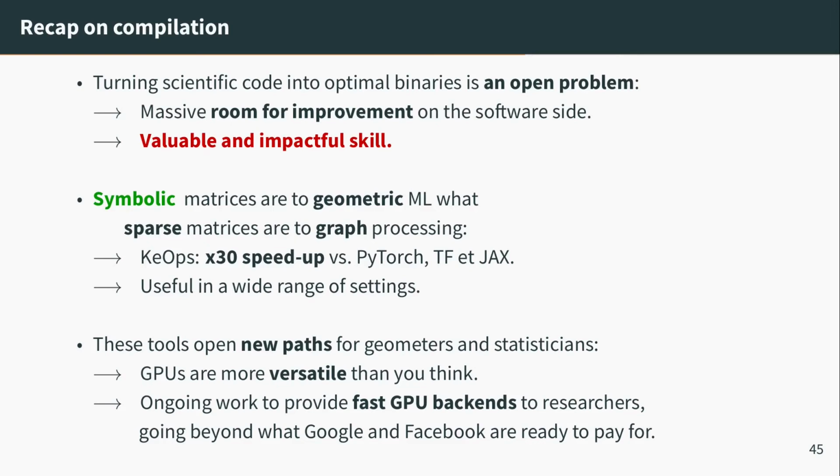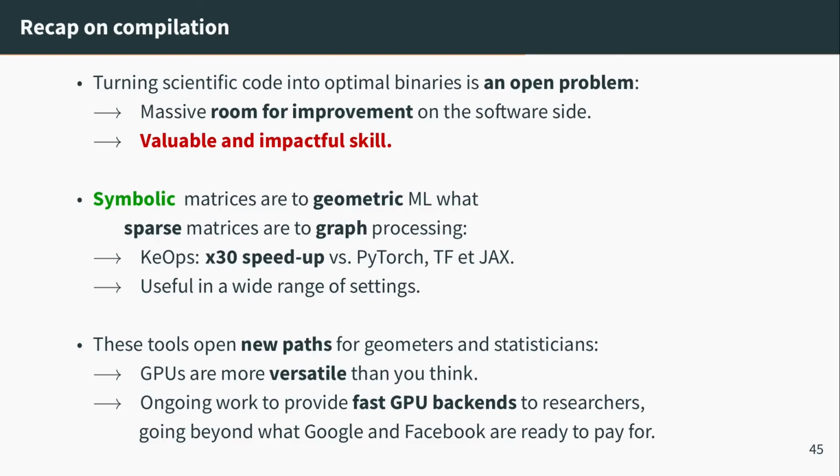The second message is that symbolic matrices are really to geometric machine learning what sparse matrices are to graph processing. It's an idea that's pretty old, but that has only become effective thanks to LLVM, thanks to the progress in compilers. 10 years ago, it was impossible to implement KeOps.